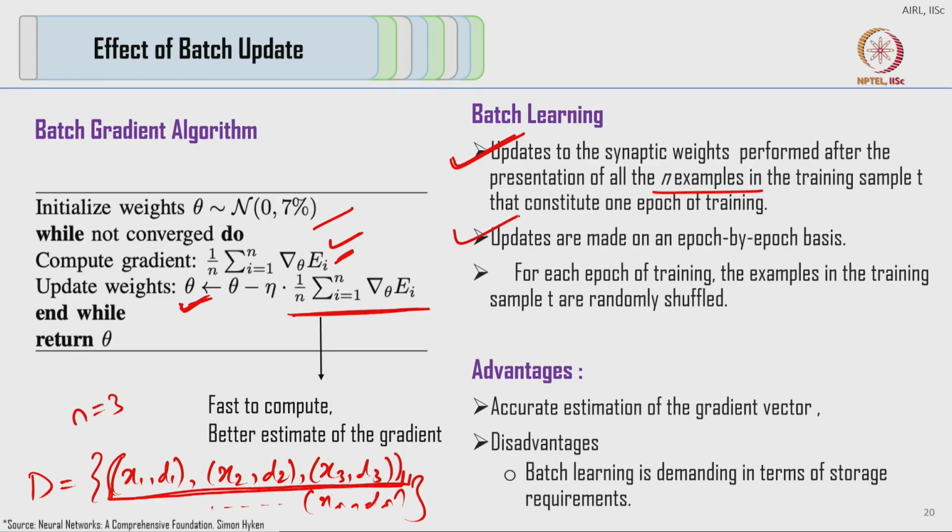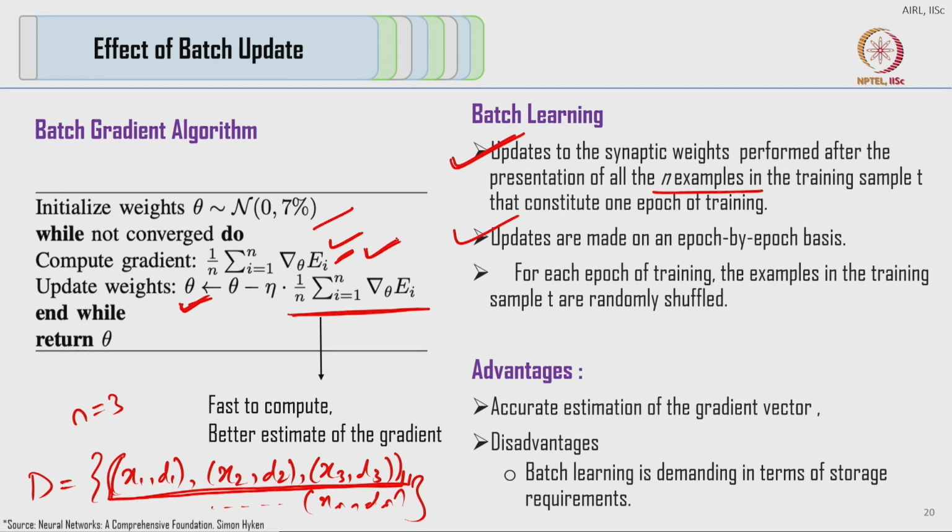Now the updates are made on an epoch by epoch basis, and after each epoch this set is randomly shuffled. So in the first I took x1, x2, x3, in the second I may shuffle it and take, let's say, x1, x4, xn, right. However, we calculate the gradient based on n examples.